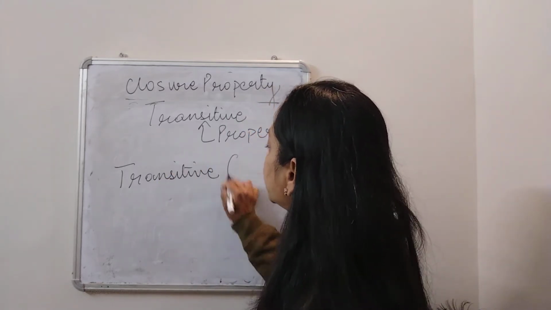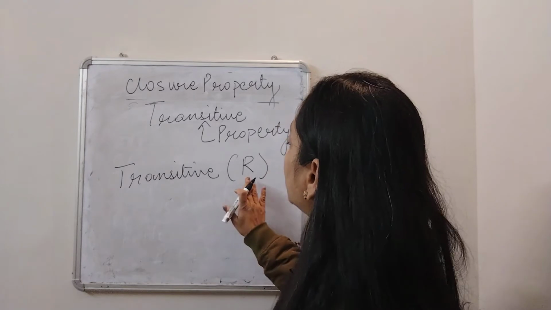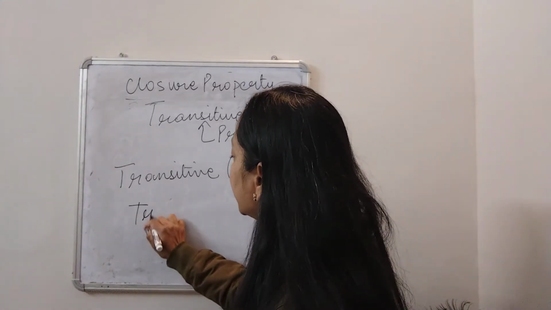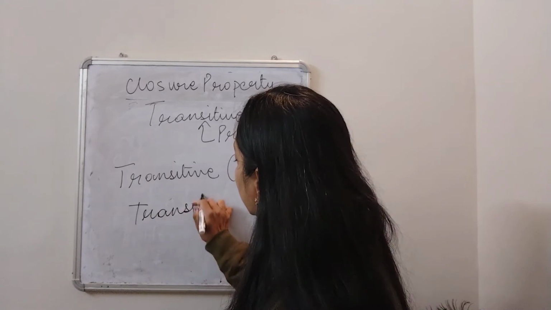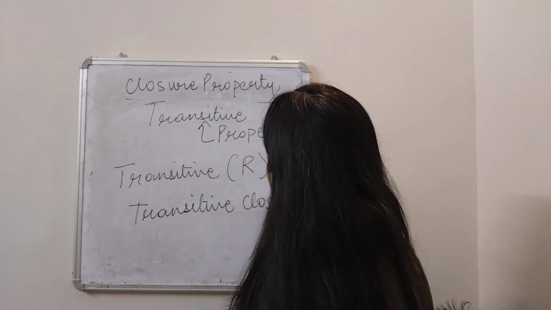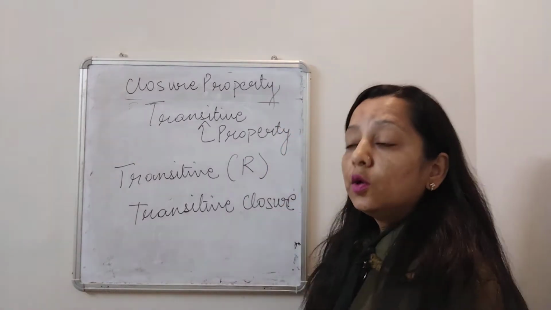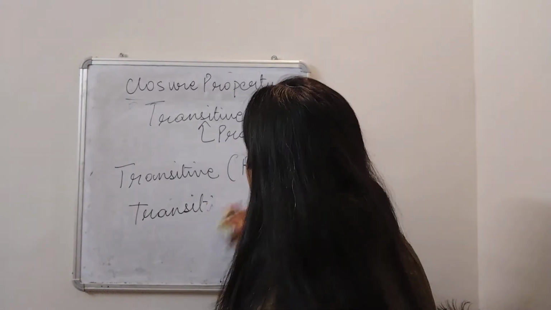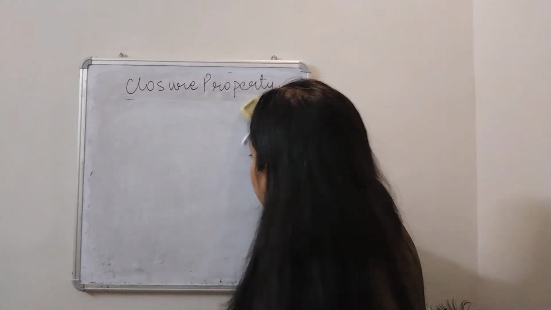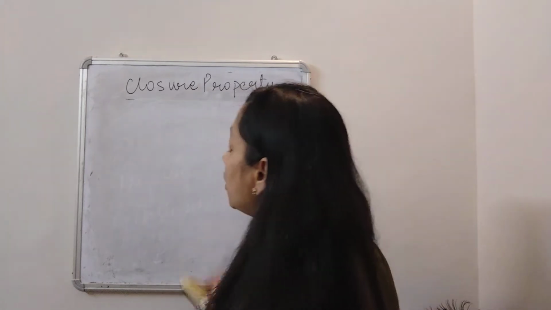And if we are representing the relationship set through symbol R, then we will write transitive R. Hence I can say that this is the transitive closure. So these are the closure properties. Now how can I achieve a symmetric closure or a transitive closure or a reflexive closure?